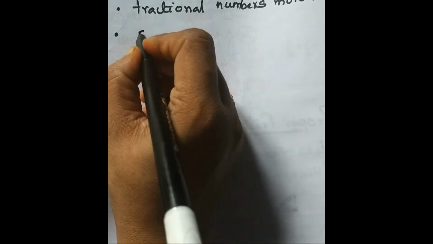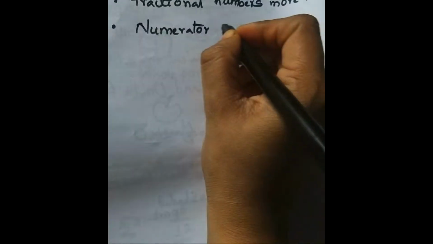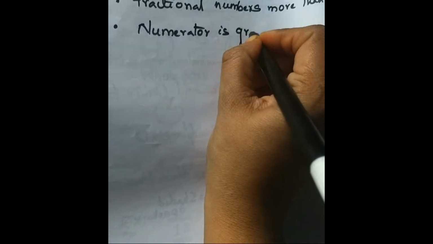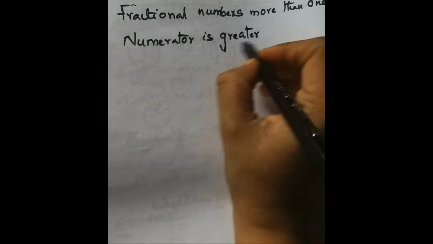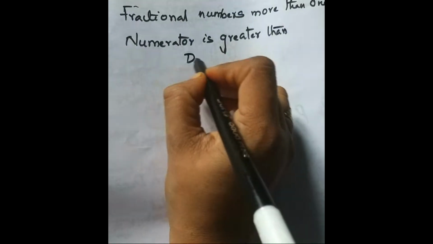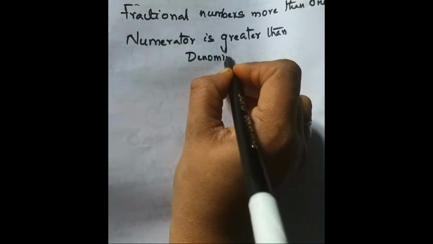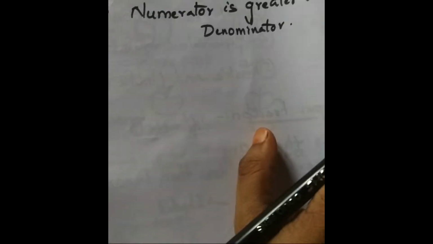In this fraction, denominator is less than numerator, means numerator is greater than denominator. In proper fraction, numerator is less than denominator. The opposite of that, numerator is greater than denominator. So always the numerator has a greater value than the denominator.